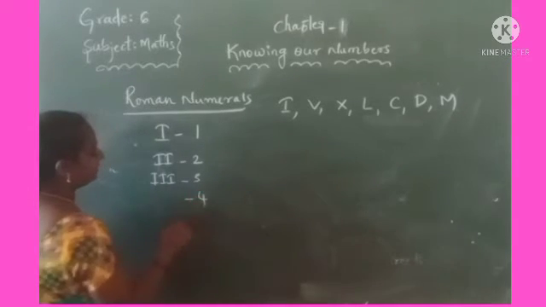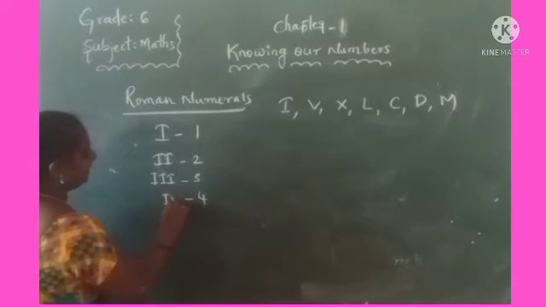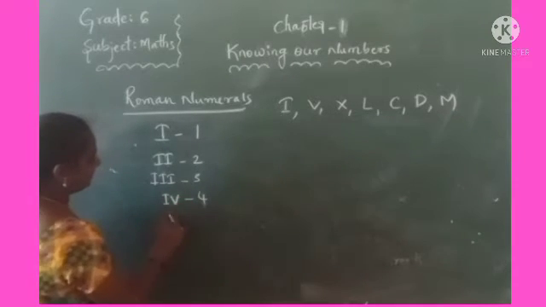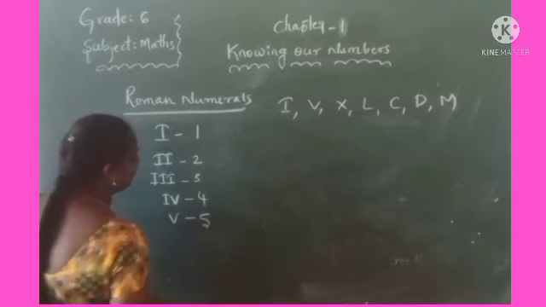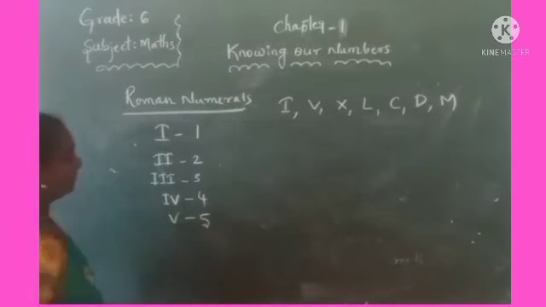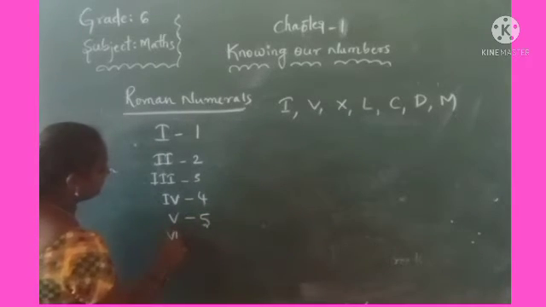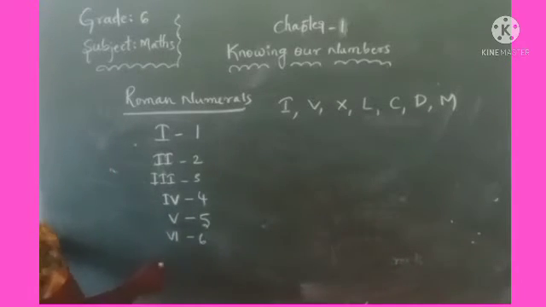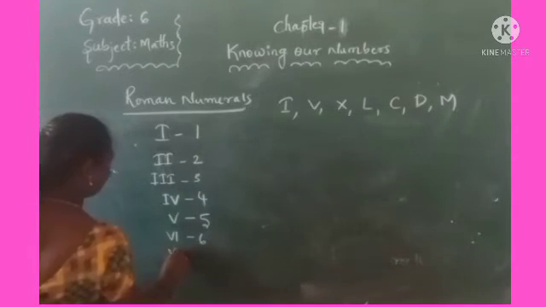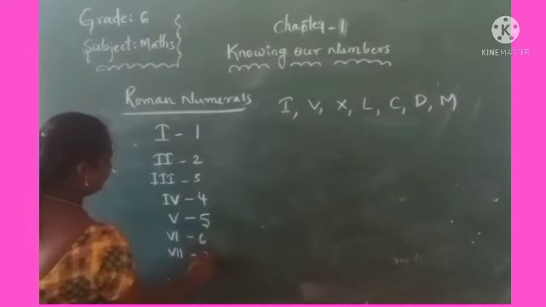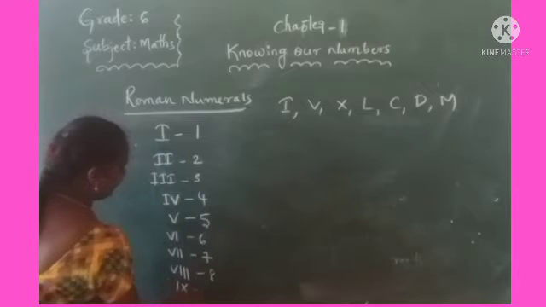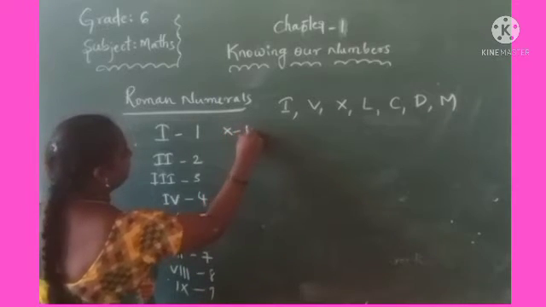And 4 we can write it as IV. First of all I am writing here, look here. After that I will explain why we write it like this. For 6 we can write it as VI, for 7 VII, and then 8, 9, and X is for 10.